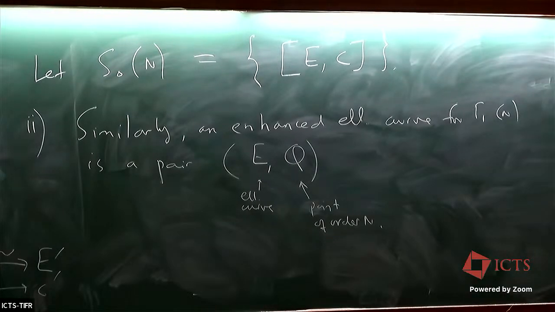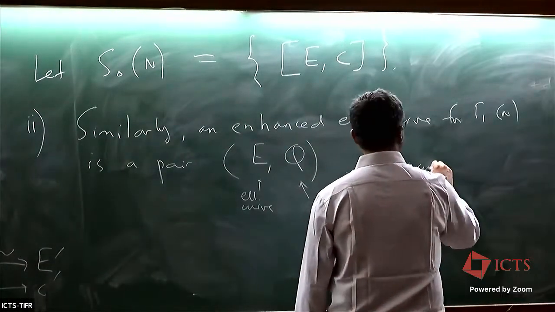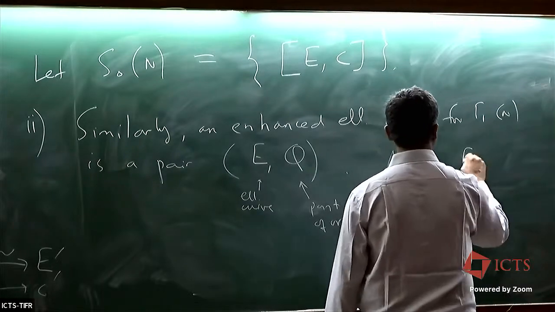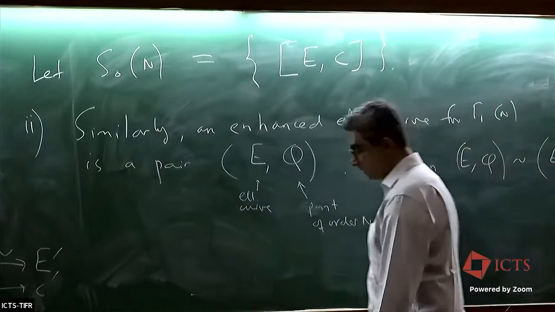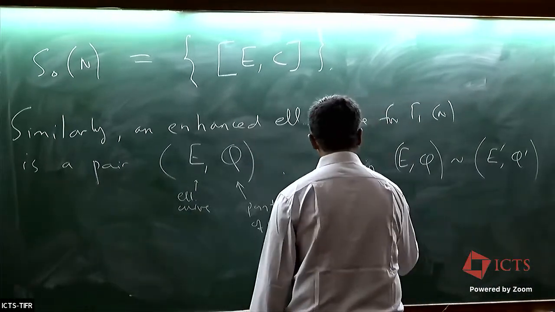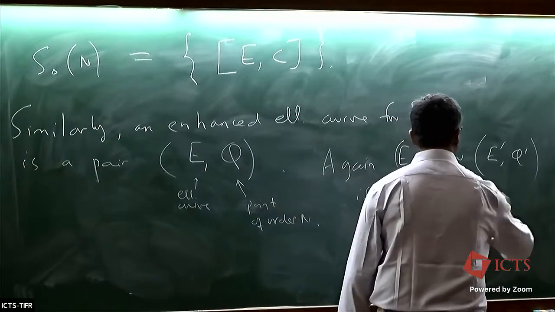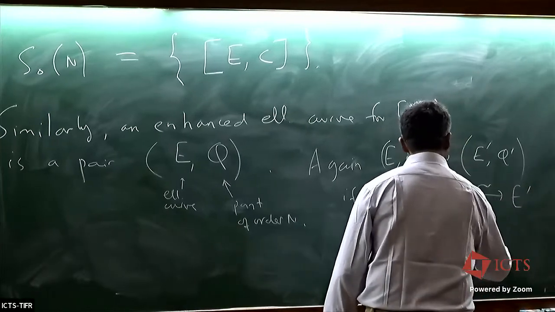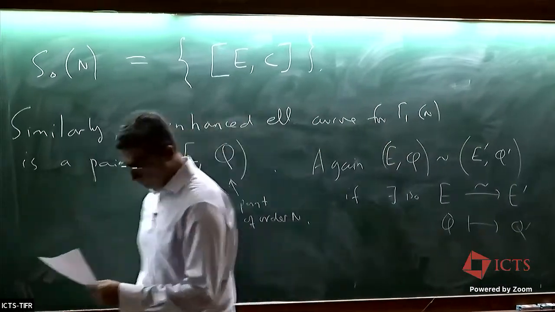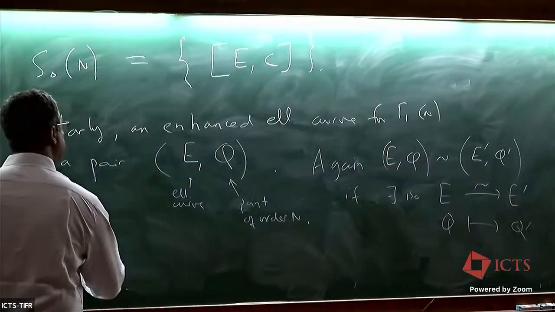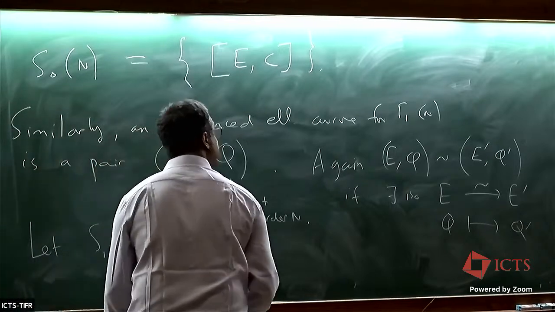Again, we say two such pairs are isomorphic if there's an isomorphism E to E prime taking Q to Q prime. Then let S1N be the set of equivalence classes.